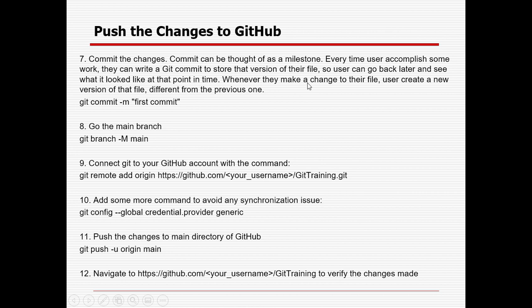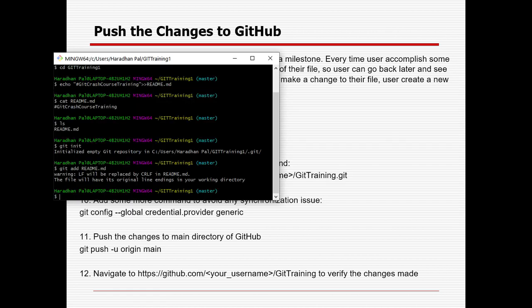Whenever a user makes changes to their file, the user creates a new version of that file, different from the previous one. So that way you need to give the commit, git commit -m, and that is the commit message, -m and the commit message within double quotes. Suppose I say first ever git commit, ending with a double quote, and just press enter.